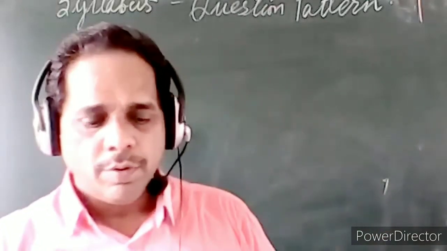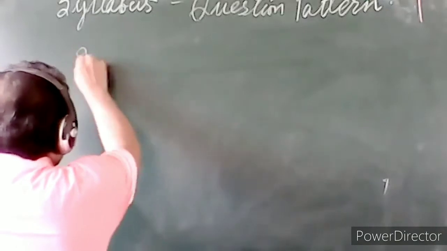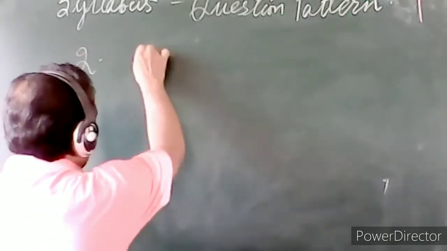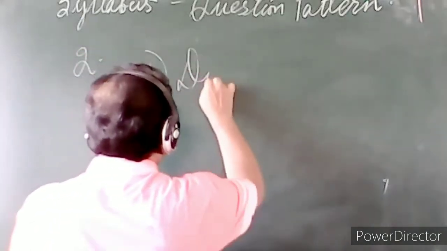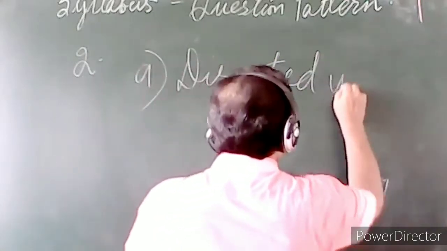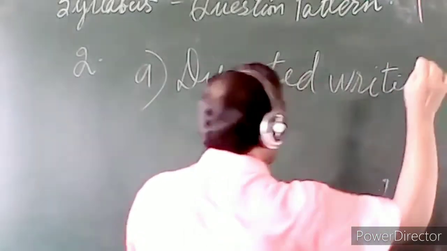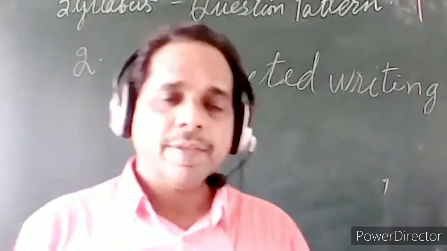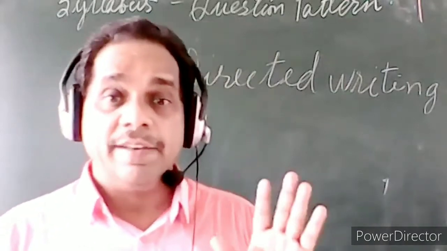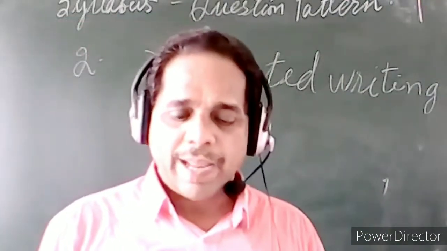Okay, we shall go to question number 2. Question number 2, you have A and B. A is direct writing. In this, there are 8 kinds, 8 types.